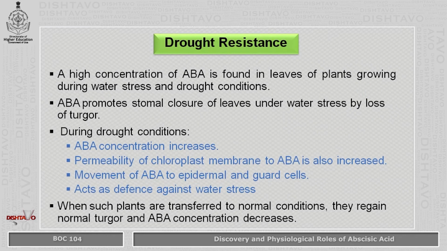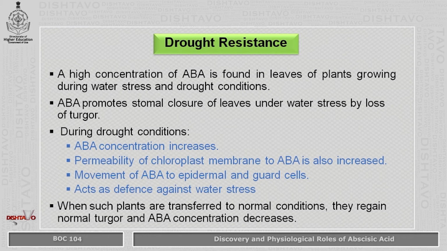Next is drought resistance. A high concentration of abscisic acid is found in leaves of plants growing during water stress and drought conditions. Abscisic acid promotes stomatal closure of leaves under water stress by loss of turgor, as we have seen in the previous slide. During drought conditions, the following things take place.